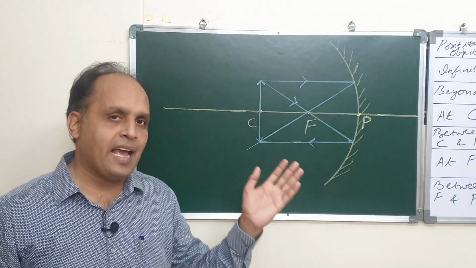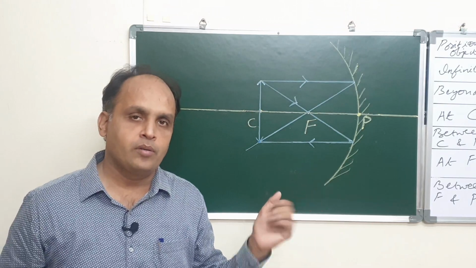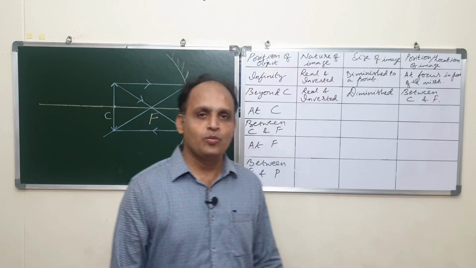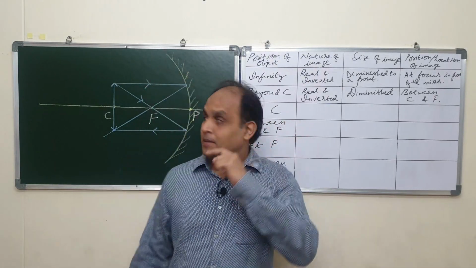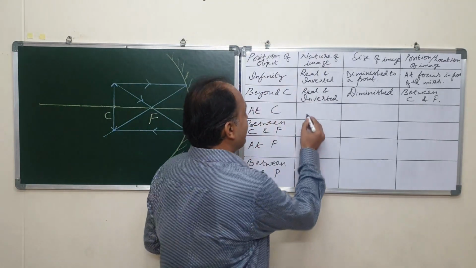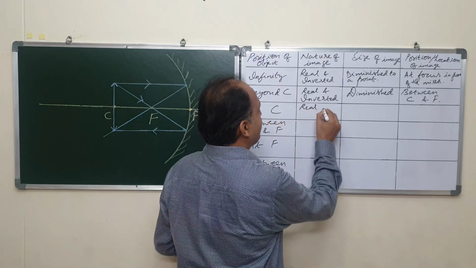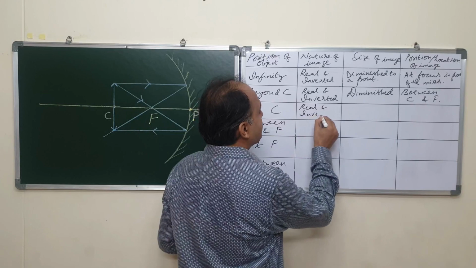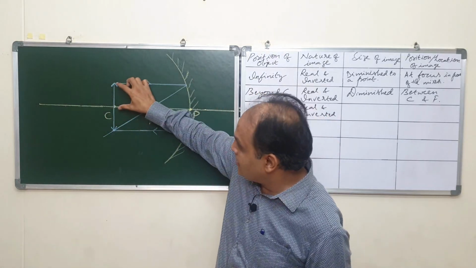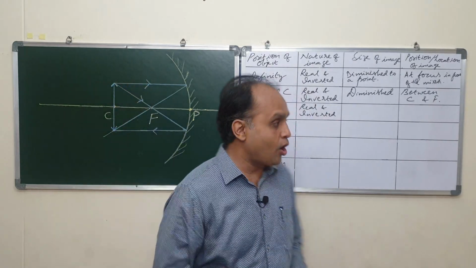Now we shall learn the characteristics of the image formed when the object is at center of curvature. So when the object is at center of curvature, the rays of light are actually meeting after reflection. So the image will be a real and inverted image again. And if you look at the size of the image, it is exactly the same size as the object.